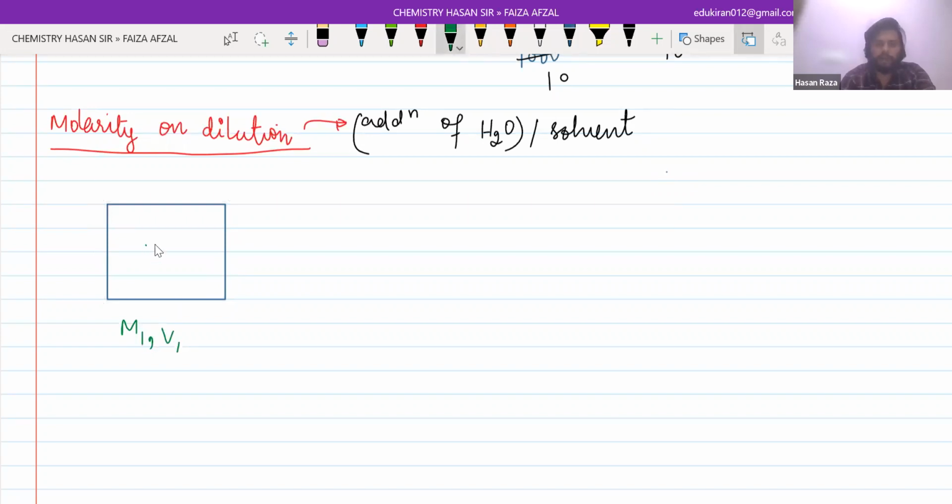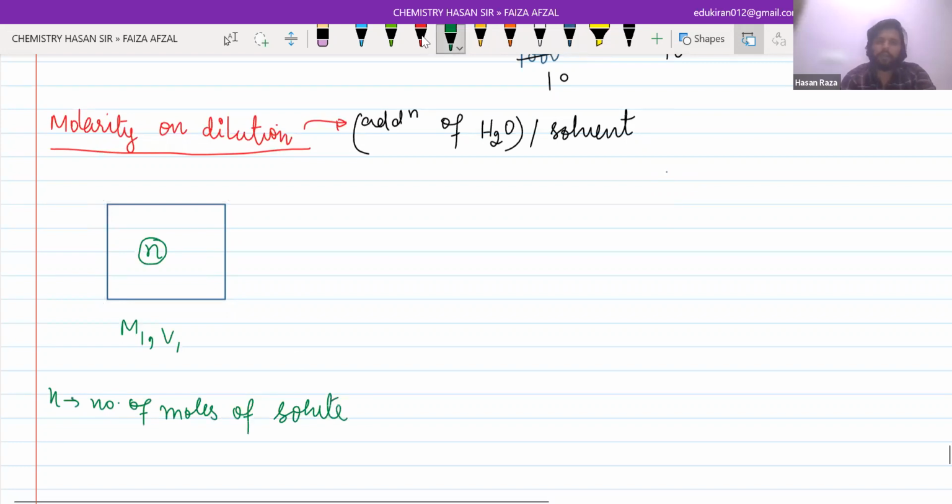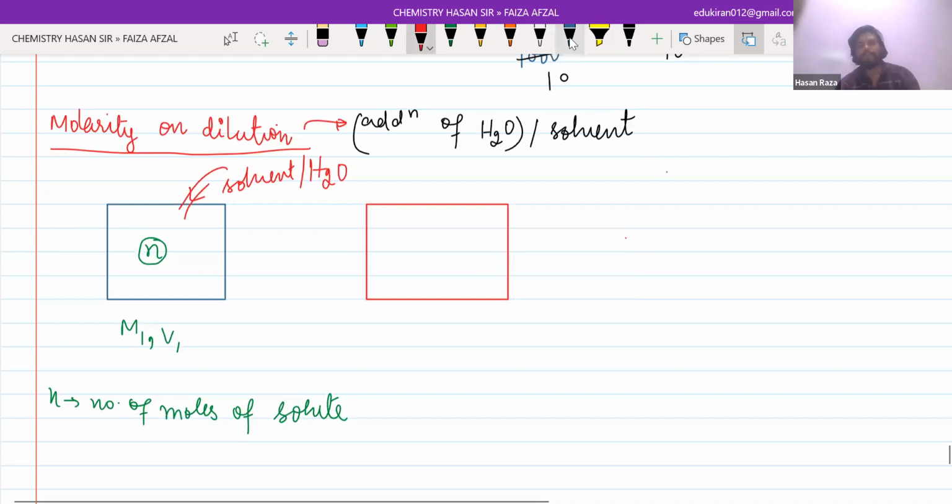And here, N stands for number of moles of solute. Let's say you are going to add some solvent or water, then you know the volume of solution will change, yes or no? Yes, sir.